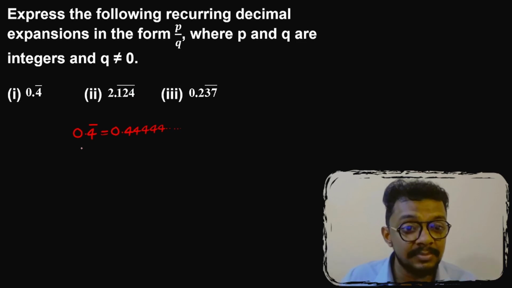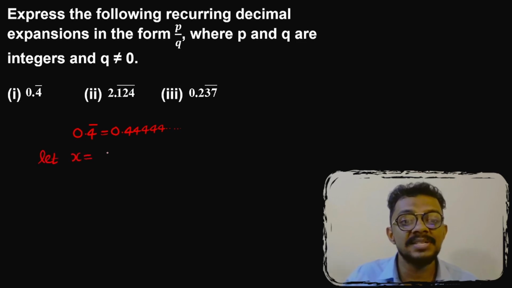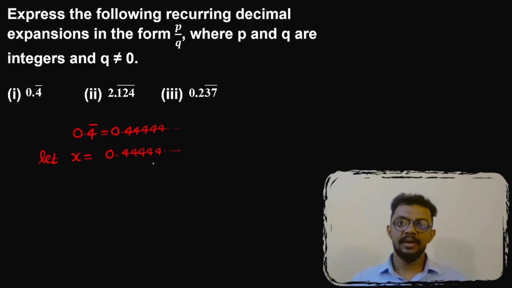So, how do we deal with it? What's the strategy? Step number one, let's assume this number as x. Let x equal 0.444444 etc. Step number one is done.